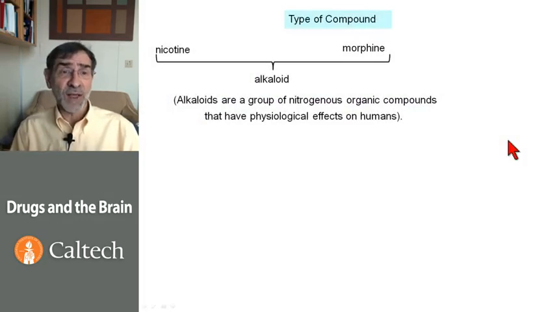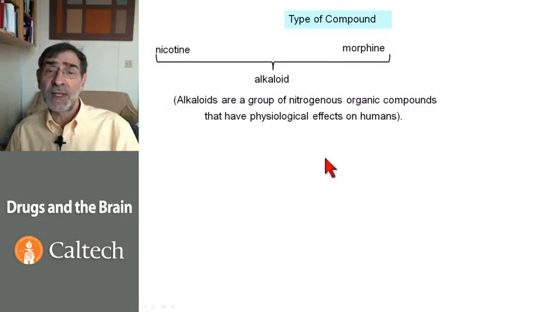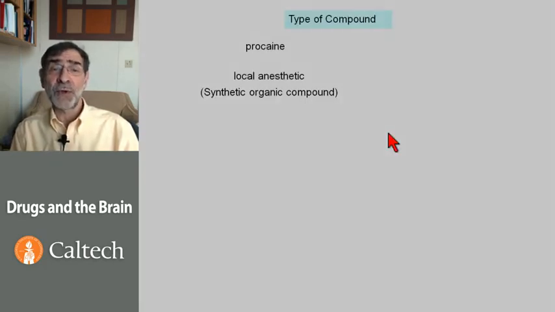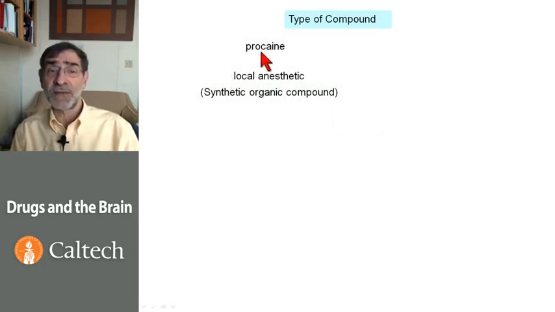In terms of the type of compound, both nicotine and morphine are called alkaloids. They're a group of nitrogen-containing organic compounds that have physiological effects on humans. That is, they're drugs, and they're usually natural compounds. Procaine, on the other hand, is a synthetic drug. It's a local anesthetic.